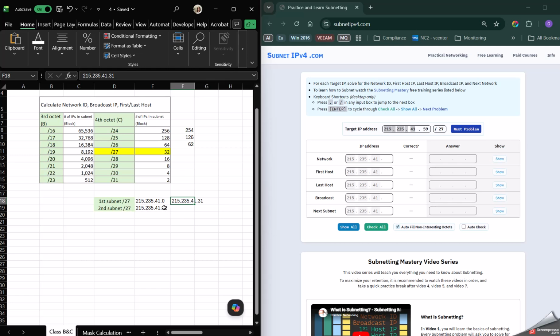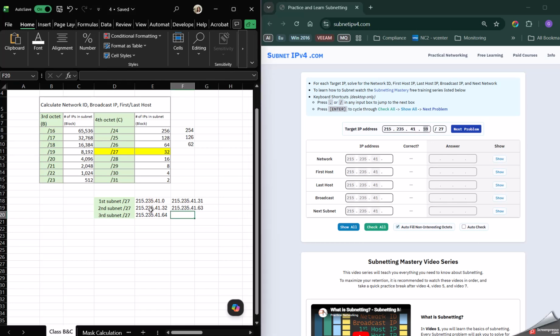Now, if I don't know the last IP from this one, I'm just going to calculate it, and this would be the third. It's going to be 215.235.41, and at 32 I'm going to add another block of 32, so that would be 64. Now I know the last IP from the second subnet, which is 215.235.41.63.